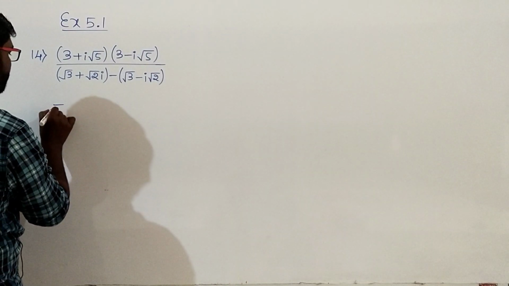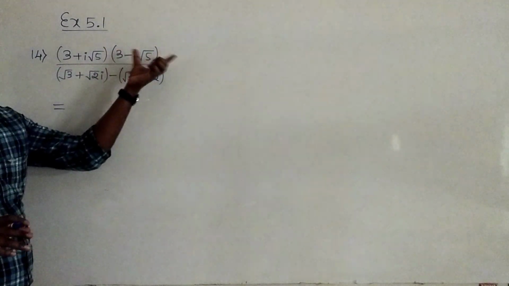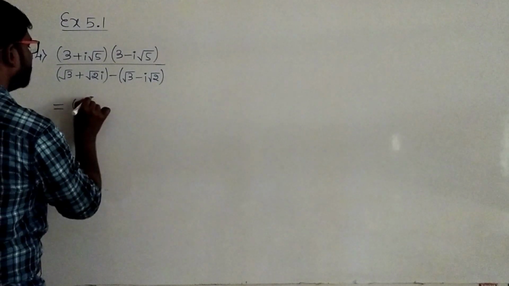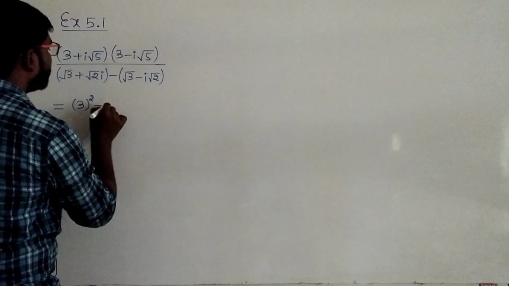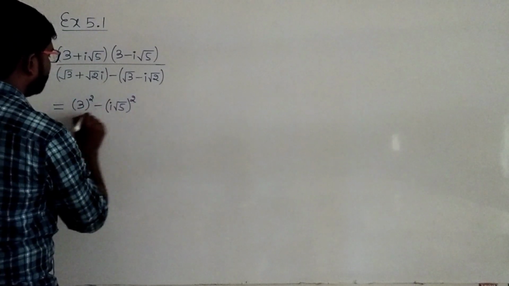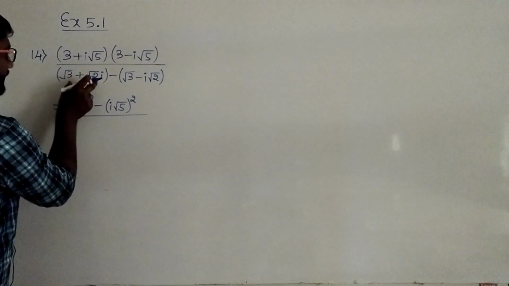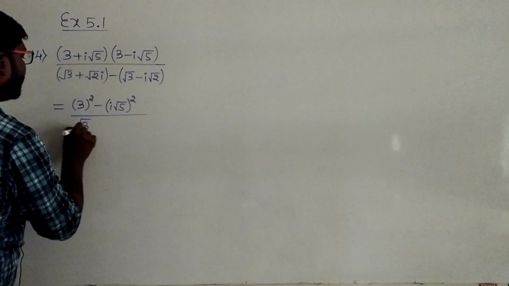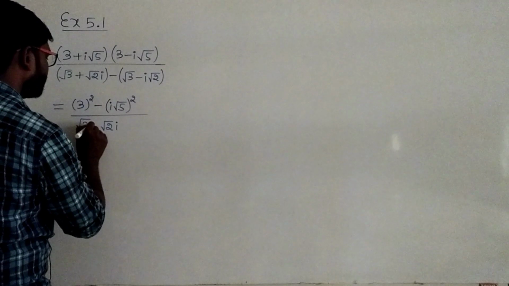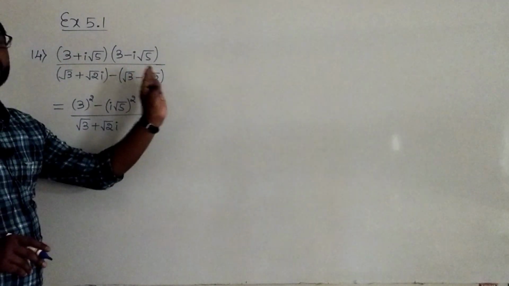So see here. Now the numerator is in the form of a plus b into a minus b. So it is a square minus b square, that is 3 square minus i into root 5 the whole square, divided by, write the first term as it is, root 3 plus root 2i, and then multiply minus inside the bracket.